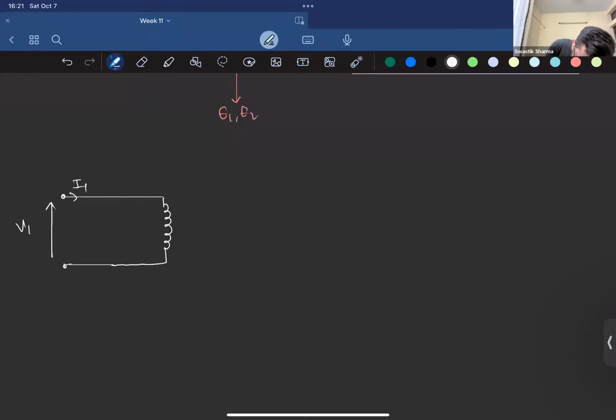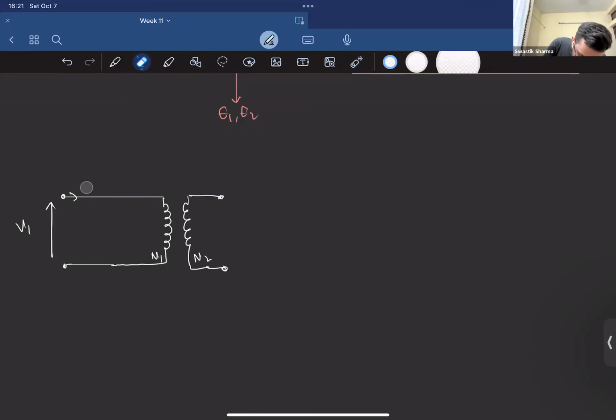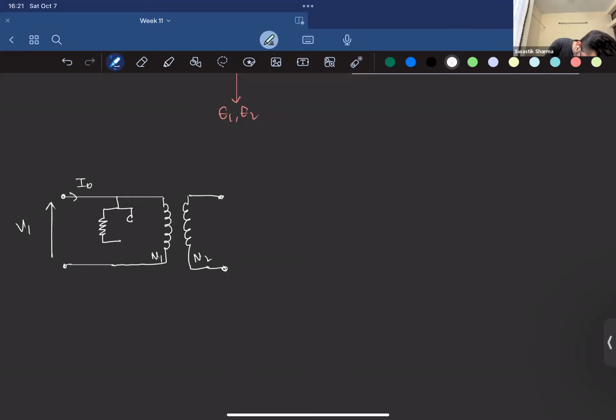we have our primary winding N1 and our secondary winding, which is open circuited, right? So I1 is nothing but I naught, and this I naught goes through a resistance. So this is called RC, and this is called XM.